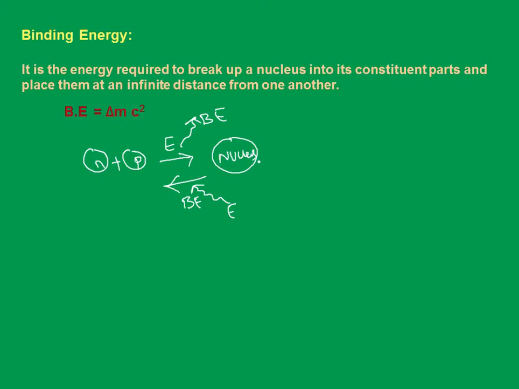You can also call it the energy equivalent of mass defect. One more easy definition: energy equivalent of mass defect, that's what I have mentioned here, delta m c square. We are very familiar with the equation E equal to m c square. Instead of m, I am using delta m. That's it, nothing new. So are we clear with this?